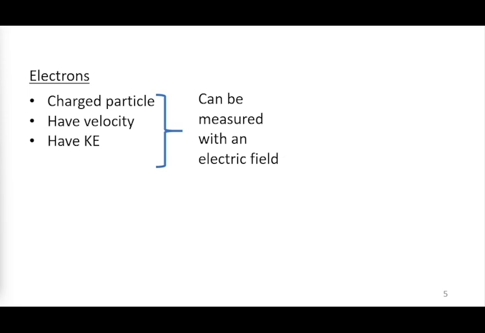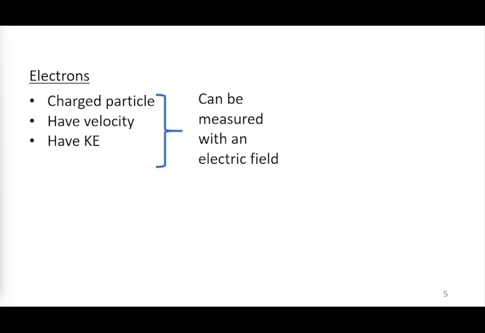Now for the electrons, we need to analyze the motion of it. Electrons are charged particles and they can gain velocity, therefore they can have some kinetic energy. In order to analyze this, we can just put those electrons in an electric field.